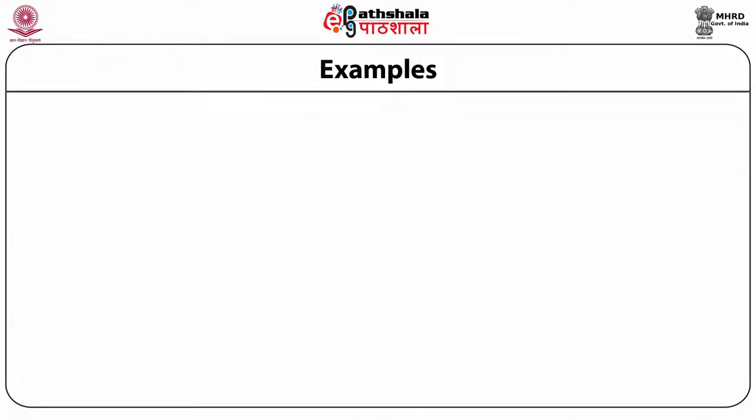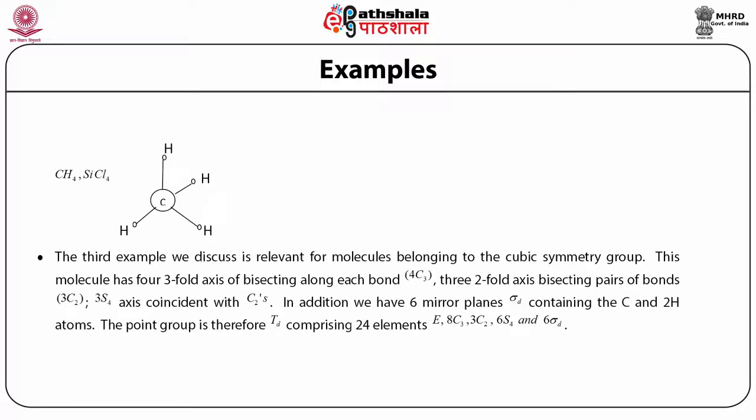Now I will give an example of how to classify the symmetry group of a molecule. So let us consider the molecule CH4 or SiCl4. This molecule has a carbon atom with 4 hydrogen atoms bonded to it, or a silicon with 4 chlorine atoms. This is an example which is relevant for molecules belonging to the cubic symmetry group.